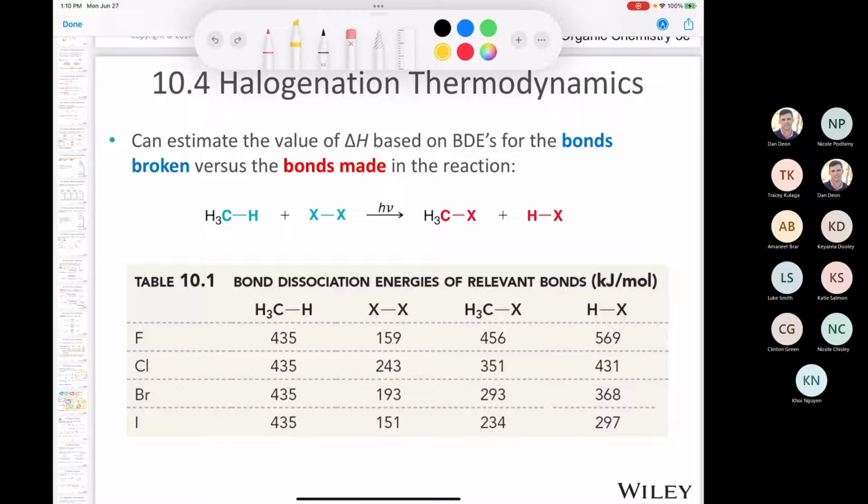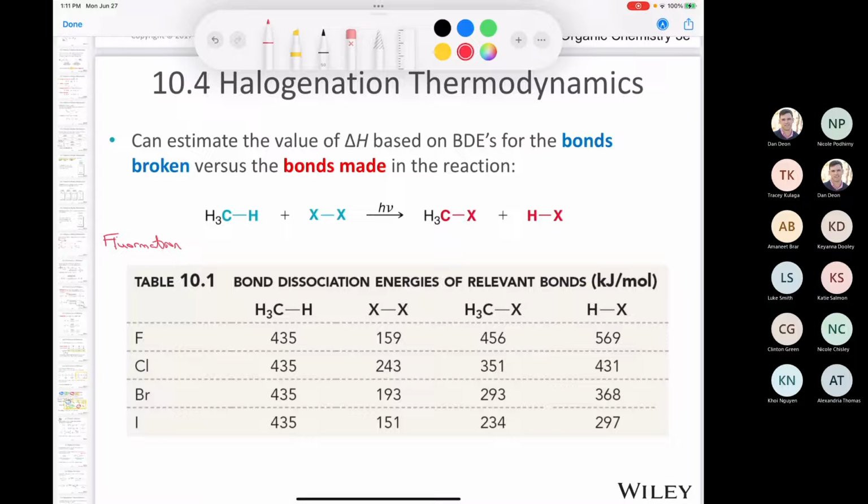Well, let's say you want to calculate the delta H for, let's just pick one. We'll pick fluorination, okay? So you want to calculate the delta H of reaction. So let's just do fluorination.